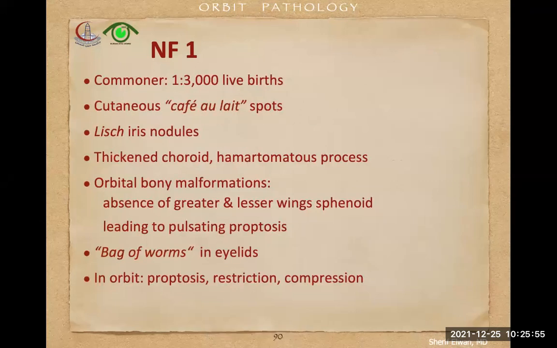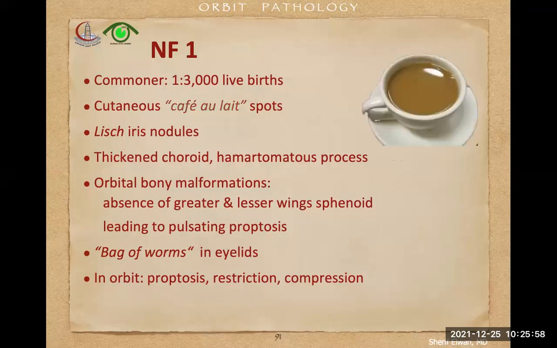It is characterized by cutaneous café au lait patches. Café au lait means coffee with milk in French, and this is the known color, with Lisch iris nodules. Lisch is the name of the ophthalmologist who described these, with thickened choroid, a hamartomatous process.